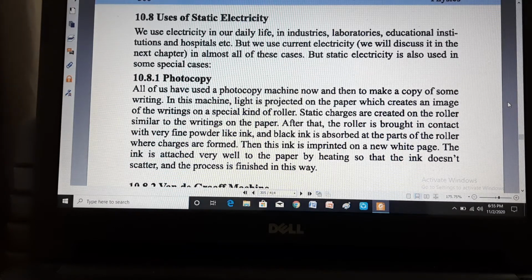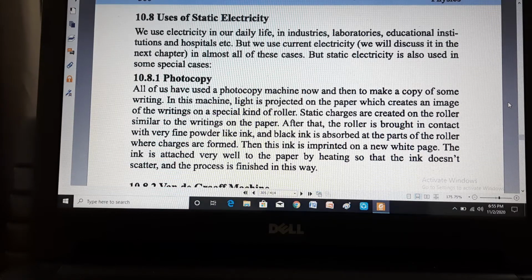After that, the roller is brought in contact with very fine powder like ink, and black ink is absorbed at the parts of the roller where charges are formed.